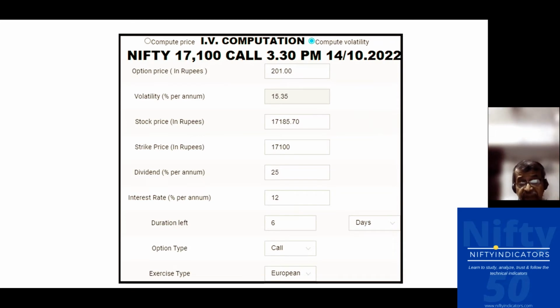Now let us discuss it a little deeper. Each listed option has a unique sensitivity to IV changes. For example, a short-dated option will be less sensitive to IV, while a long-dated option will be more sensitive.